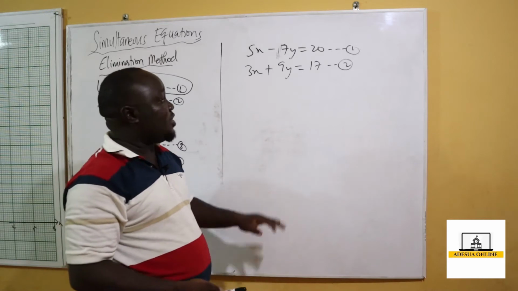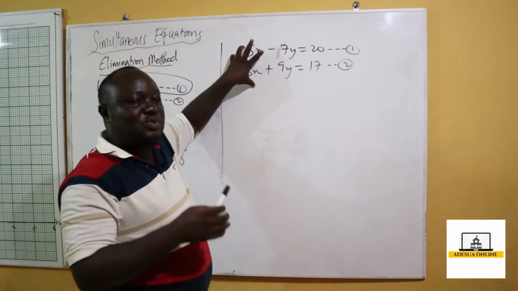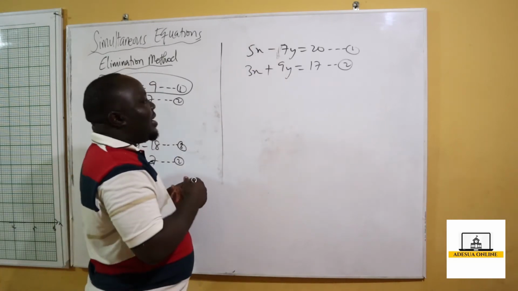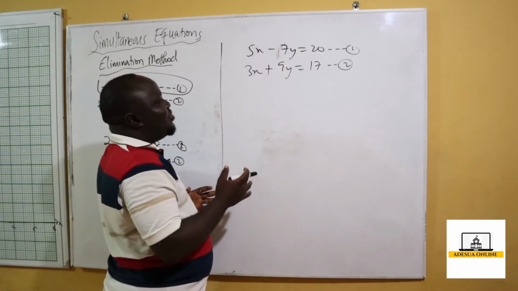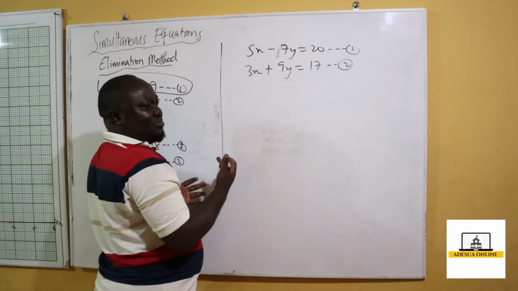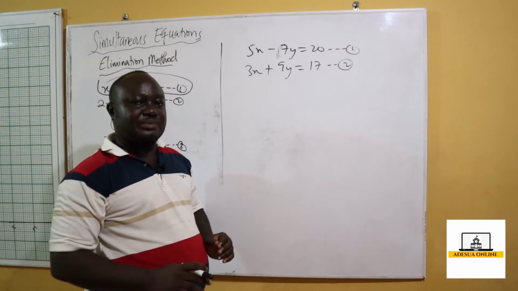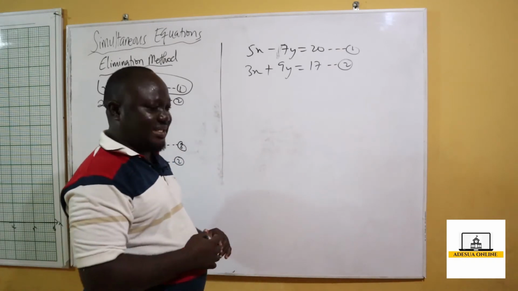So the whole idea is to eliminate one of the variables by multiplying by a number. When you multiply, you get the same coefficients, and then you subtract, and one of them goes away. So let's pick an example and then we solve.